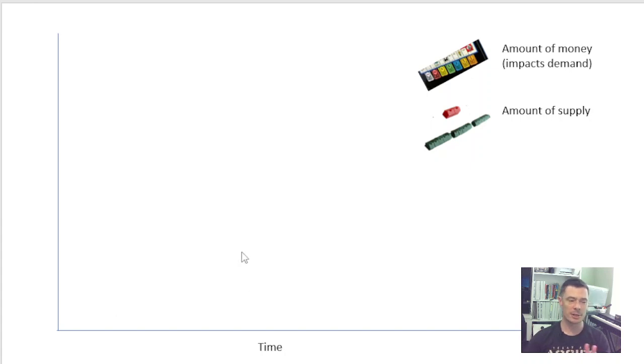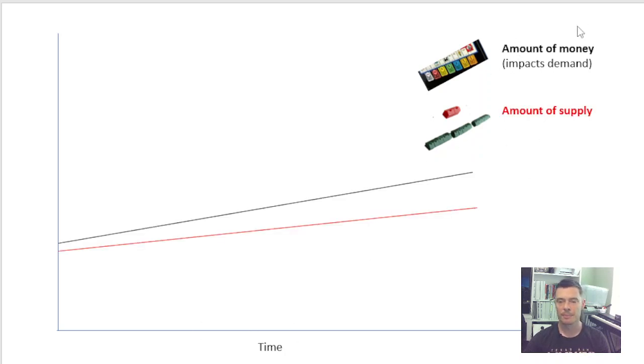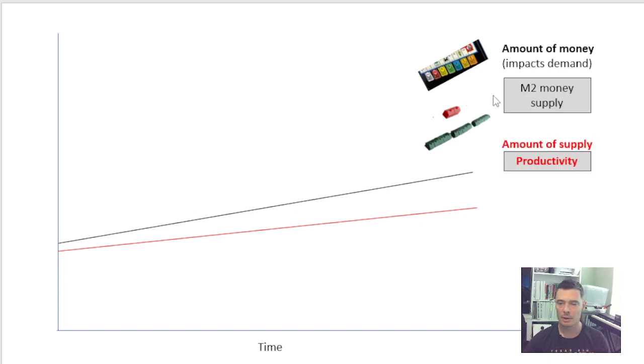So now let's look at this from a graphic point of view, in terms of the quantity of money and the amount of supply. The amount of money is also known as the M2 money supply. This is a metric that, for US dollars, tracks the quantity of US dollars around the world.